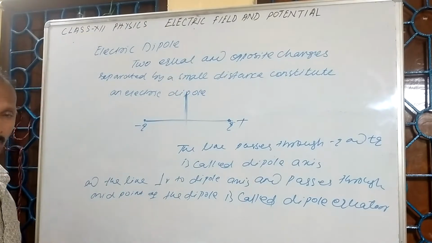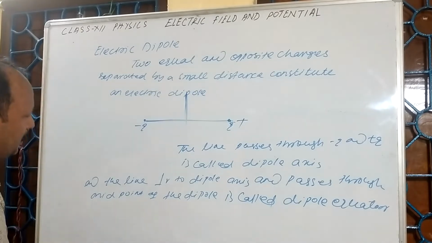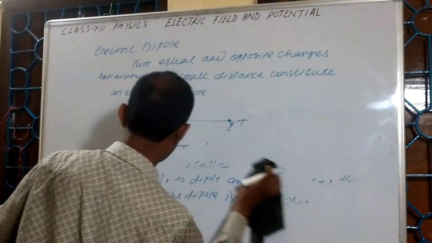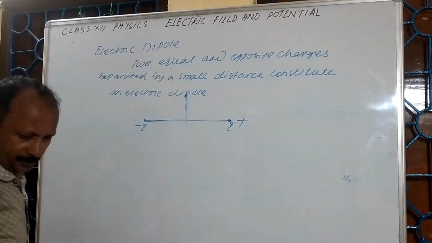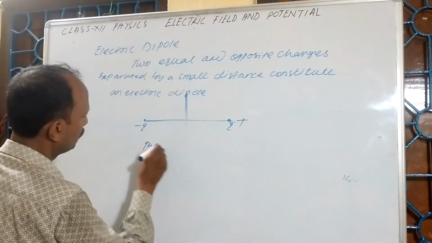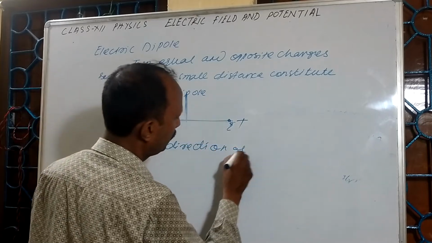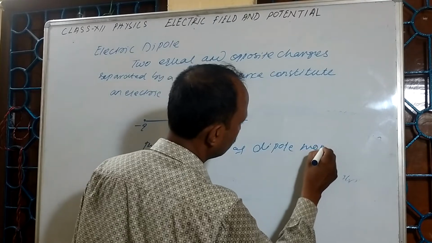So what about the direction of the dipole moment? The direction of the dipole moment is from negative to positive.